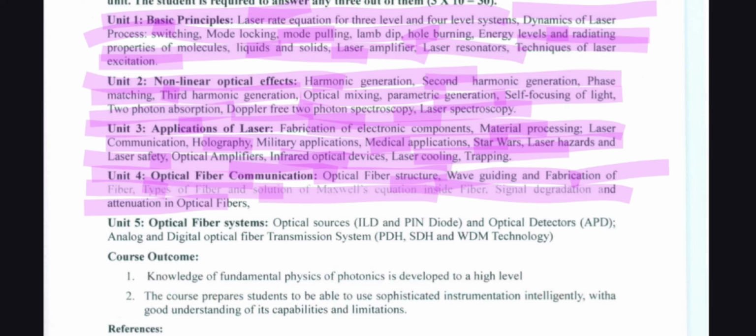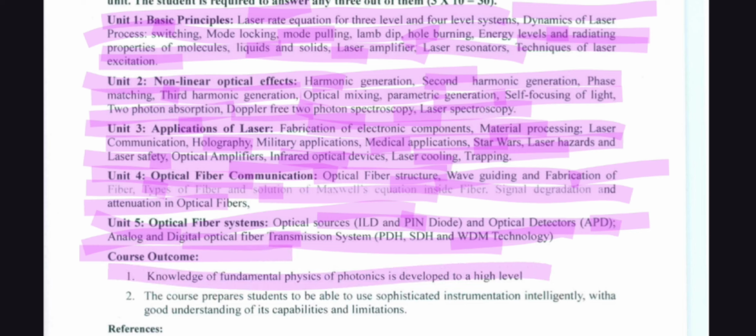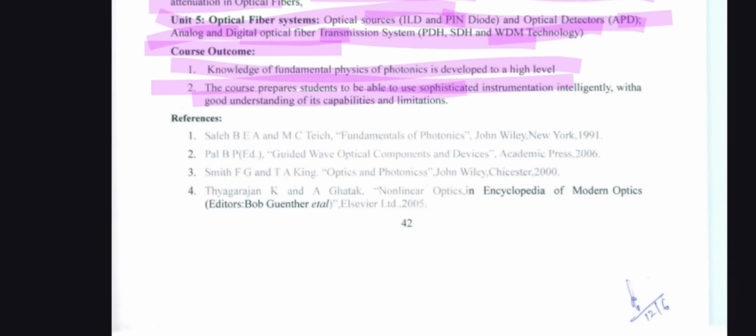Unit 5 is here: optical sources, LED and PIN diode, and optical detector, APD, analog and digital optical fiber transmission system, PDH, SDH, WDM technology. Course outcomes: knowledge of fundamental physics of photonics is developed to a high level. You see this, photonics.